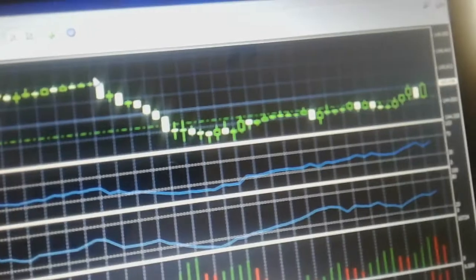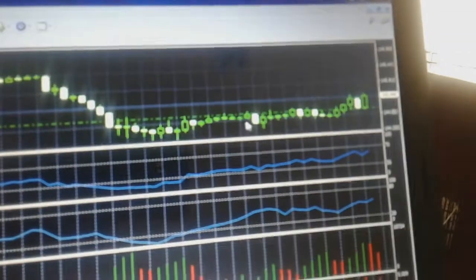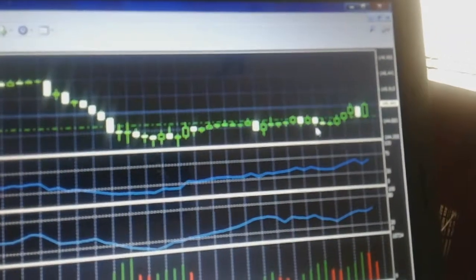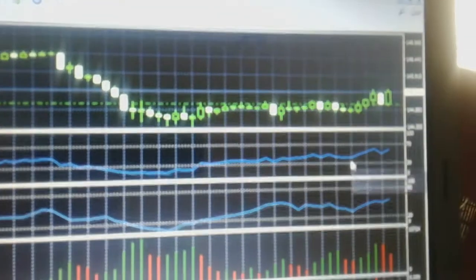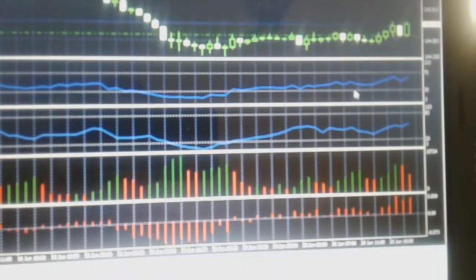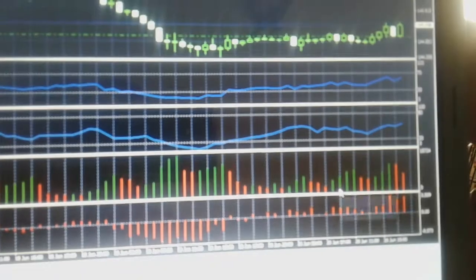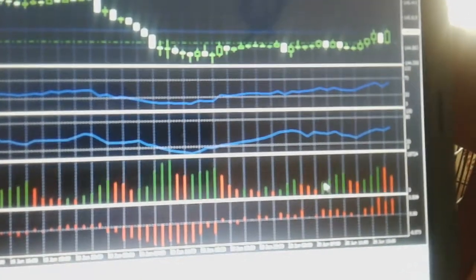Look, because really that's the peak, and look how it went down. And see, like I say, buy low, sell high. Here we go. Look at it. And now it's going back up, and I'm in profits. So it's relative strength and bull power versus money flow and volume, which is right here.